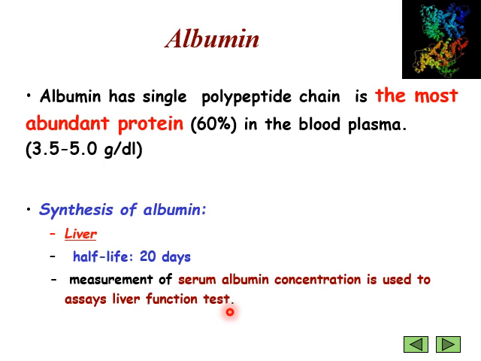So this will give you an idea: if the blood albumin level is low, you can say that maybe the factory is abnormal, maybe he's having some liver disease. That's why his albumin concentration has decreased. So it's a very important index to assess the liver function.